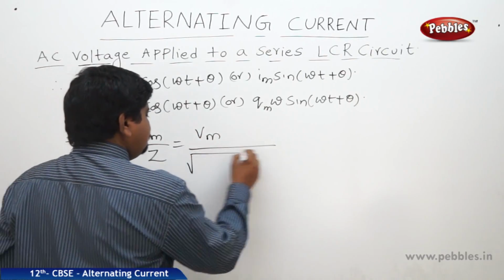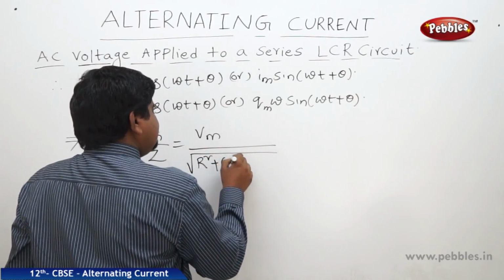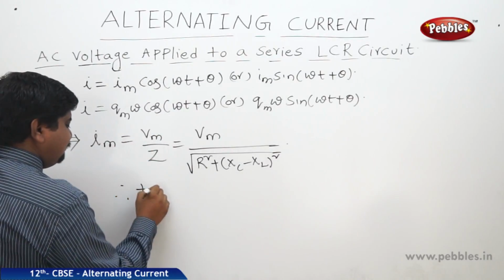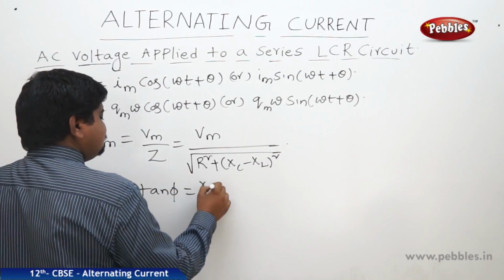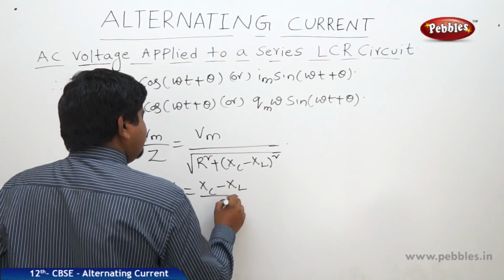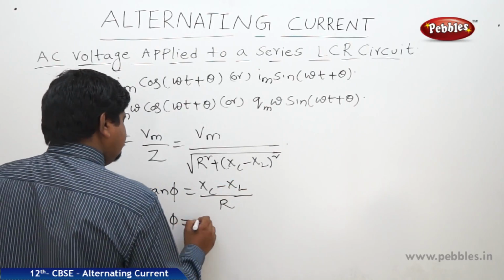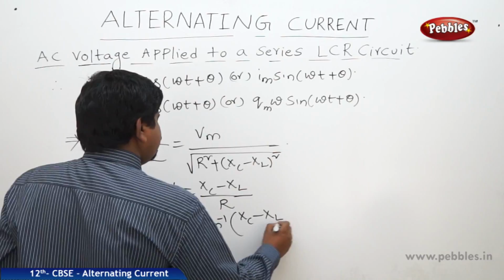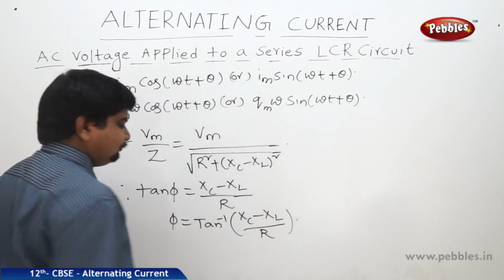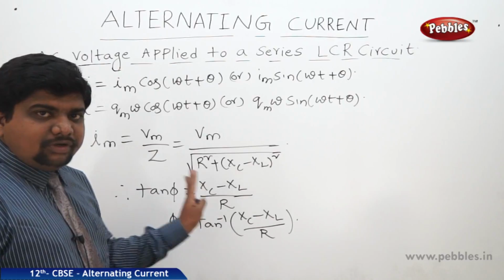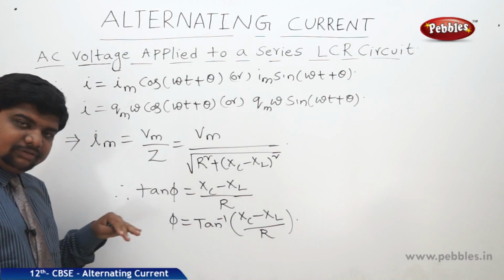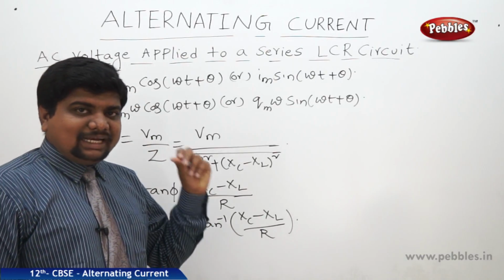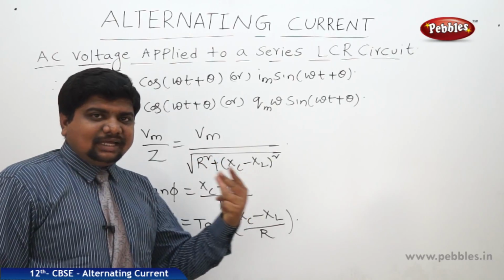The equation is under root R square plus (Xc minus Xl) whole square, where tan phi is equal to (Xc minus Xl) by R, and phi is equal to tan inverse of (Xc minus Xl) by R. So these are the solutions we got for the values Im, phi. So this is called the analytical solution of the series LCR circuit.